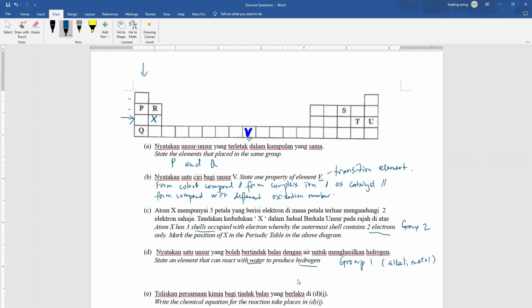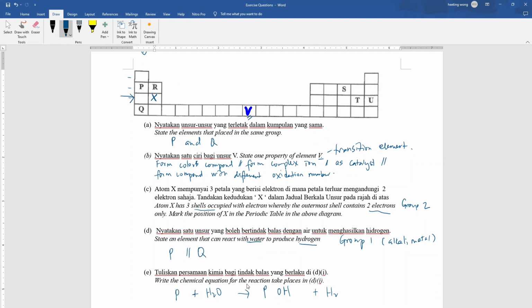Now write the chemical equation. Here, let's say we use P. P is actually lithium. P reacts with water. Then you produce what? You produce hydrogen gas, as mentioned just now, and P hydroxide.